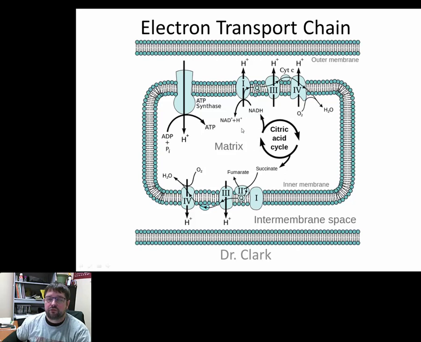Now, those electron carriers can then make it to the electron transport system, in which protons are going to be pumped across the gradient, shown here, and then re-enter the gradient through ATP synthase, shown here. So that's just an overview. We'll look at this in a lot more detail in this lecture.